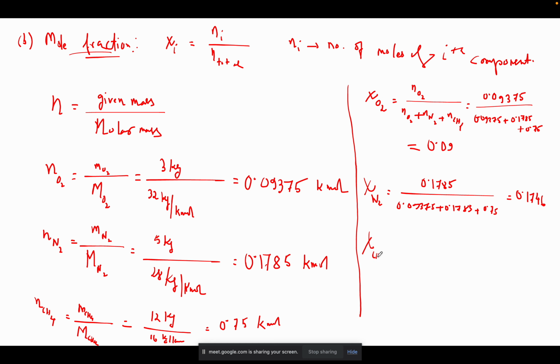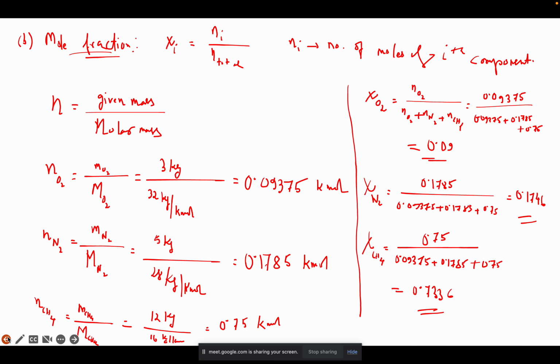And CH4 mole fraction is 0.75 divided by 0.09375 plus 0.1785 plus 0.75, that is 0.7336. Okay, fine.